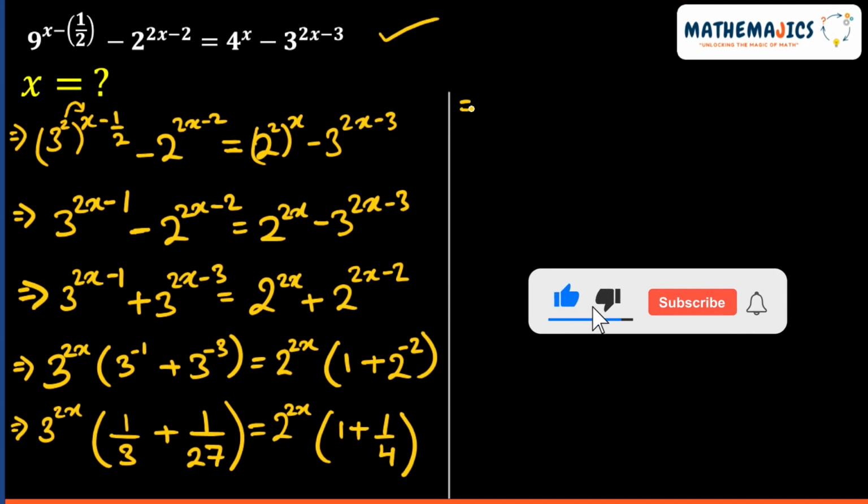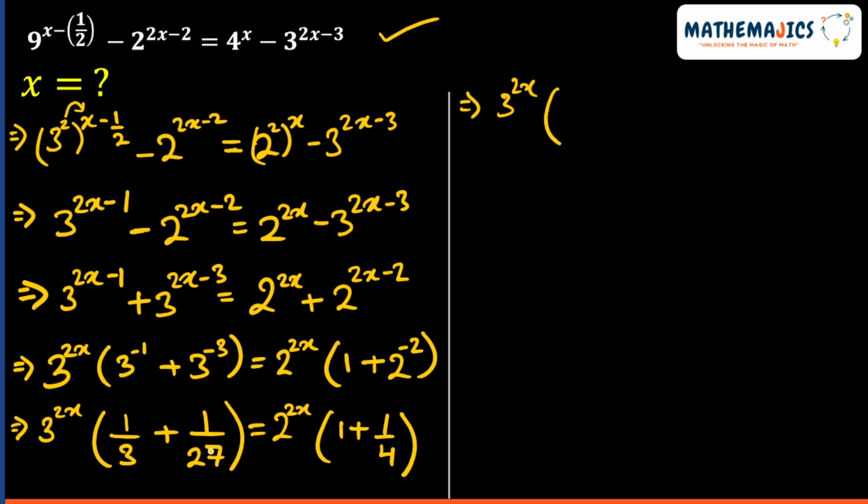So let's simplify this. We will get 3 raised to power 2x. And if we find the sum of these two fractions, we will get 10 upon 27. This is equals to 2 raised to power 2x. And here we will get 5 upon 4.